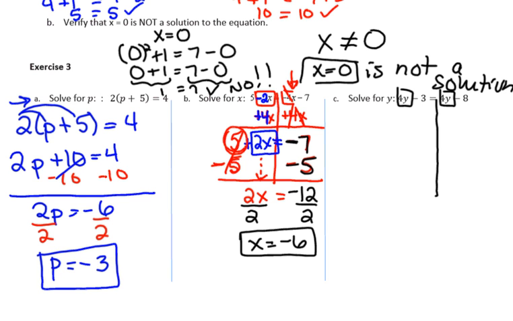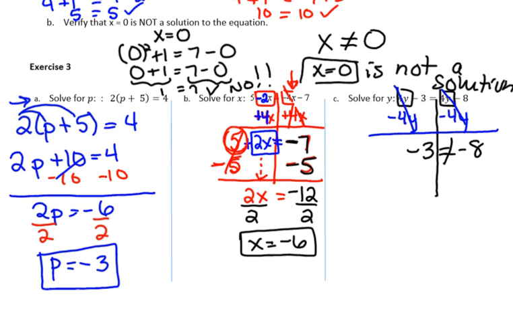So I'm just going to move this one over, subtracting that 4y from both sides. So it will cancel out here, and it's also going to cancel out here. So that will leave us with this equation, -3 equals -8.